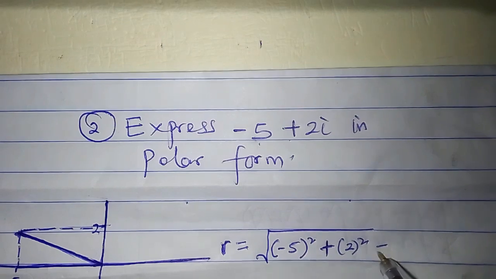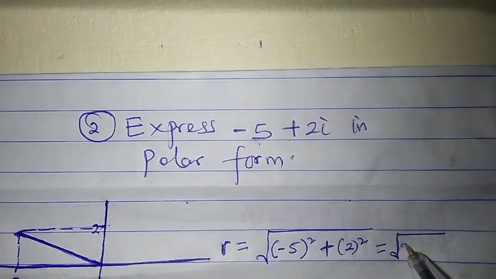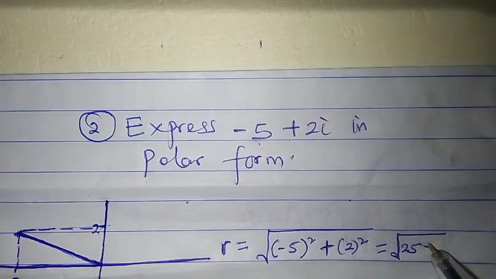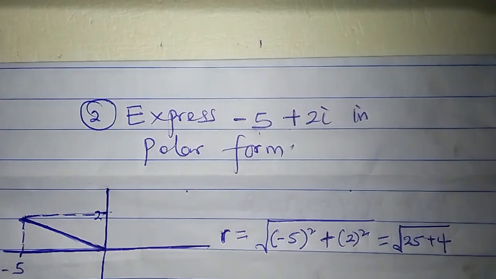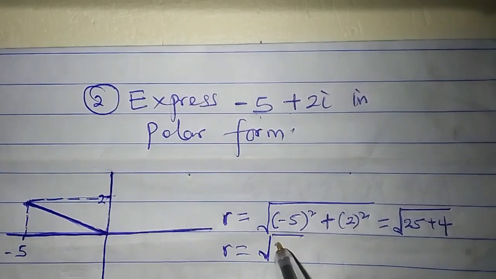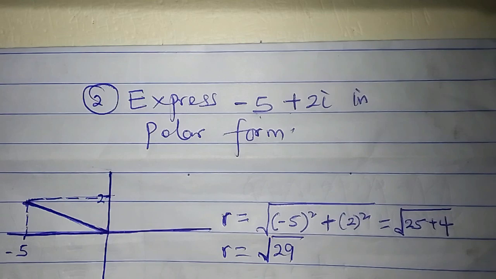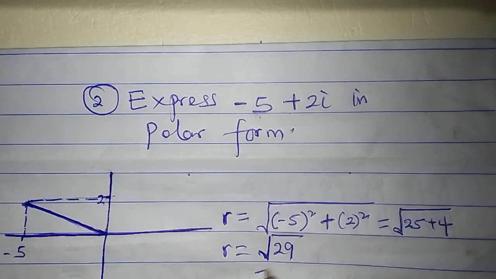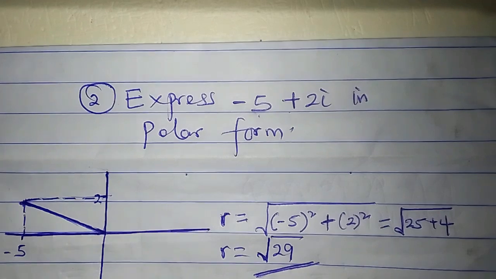Minus 5 squared is 25. 2 squared is 4. So 25 plus 4 is 29. 29 is not a perfect square. That is, it does not have an exact square root. So we can just leave it like this, okay?